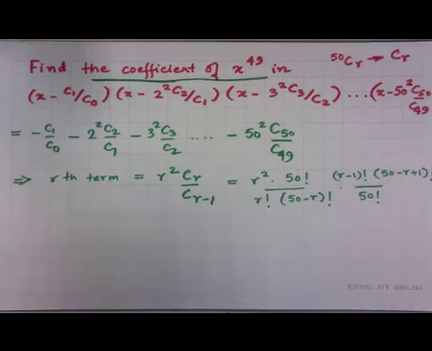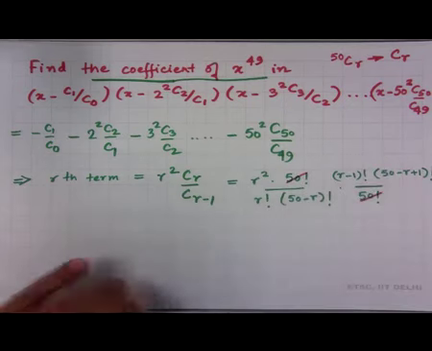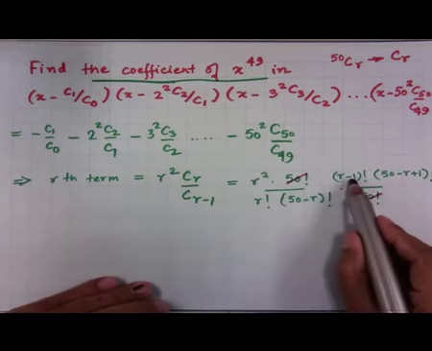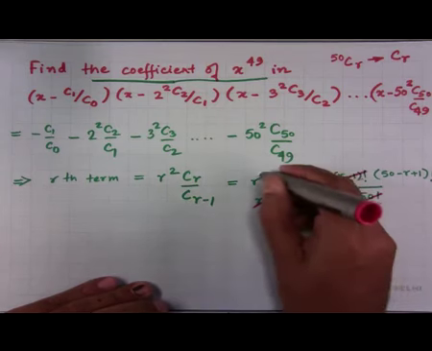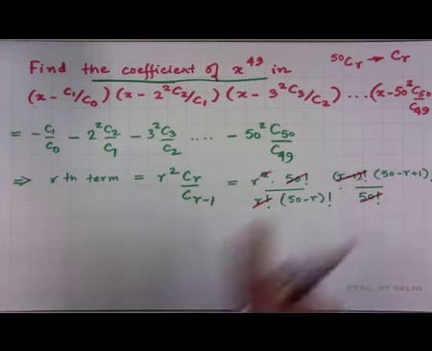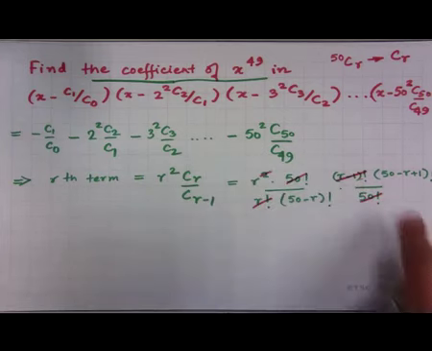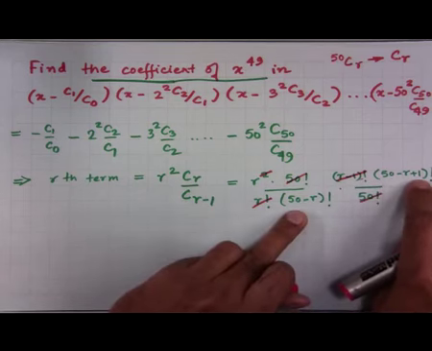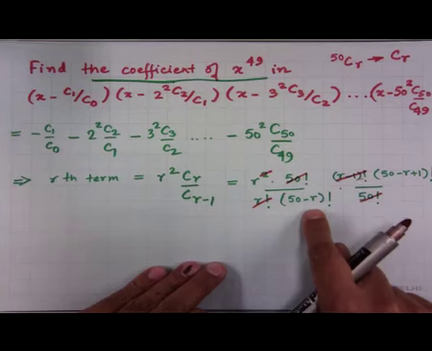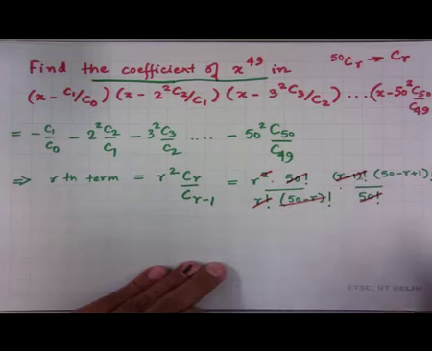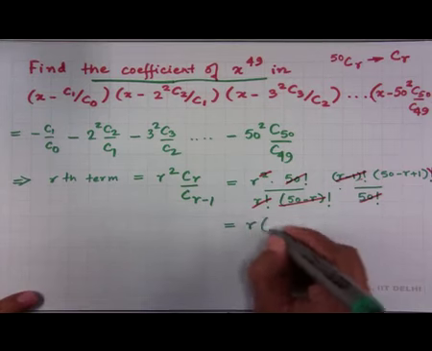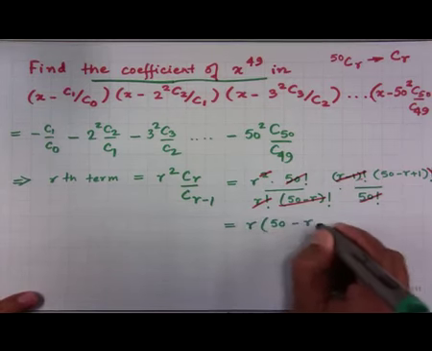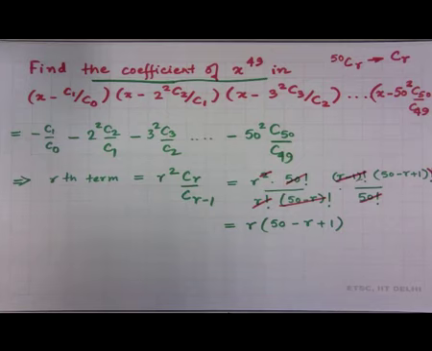Then these are going to cancel: 50 factorial cancels out, r minus 1 factorial cancels out with r factorial, and r squared, one r will go away, and then 50 minus r plus 1. This is larger, 50 minus r is smaller, so this will completely cancel out with the factorial. So, this whole thing is equal to r times 50 minus r plus 1. Okay, so that is the rth term.